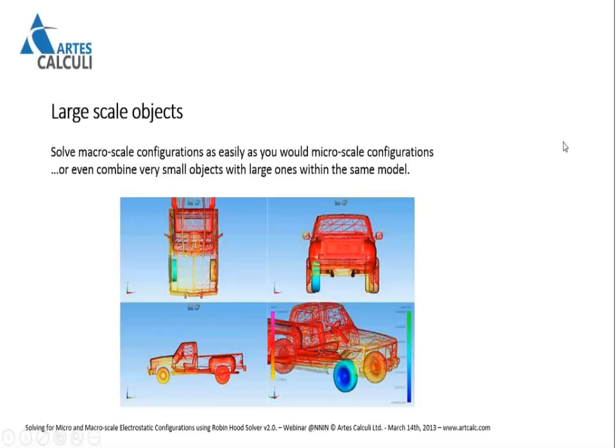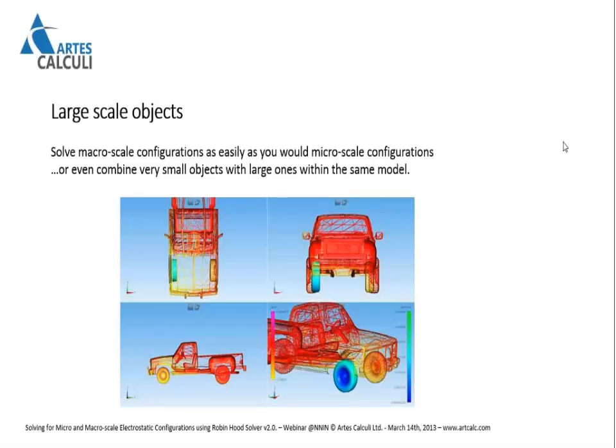On previous slides we have concentrated on small examples, but as you can see from the image here, Robin Hood solver has no problems creating and solving even large models with many objects and hundreds of thousands or even millions of elements.